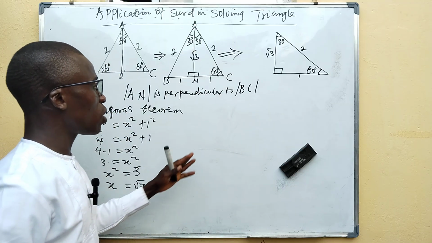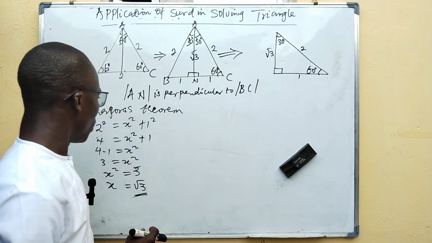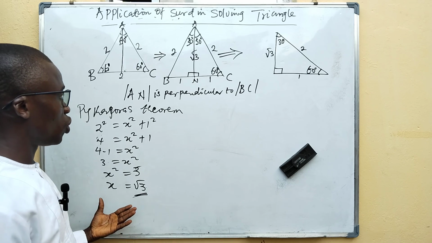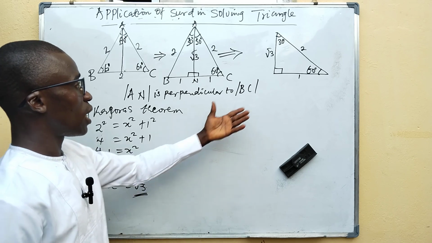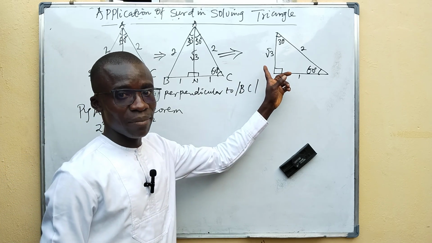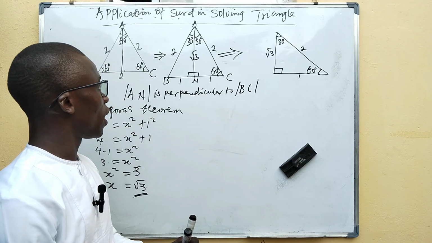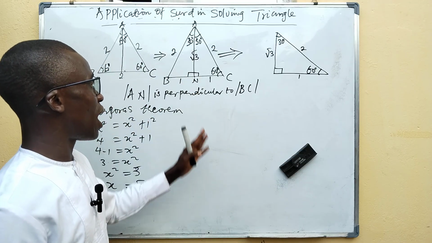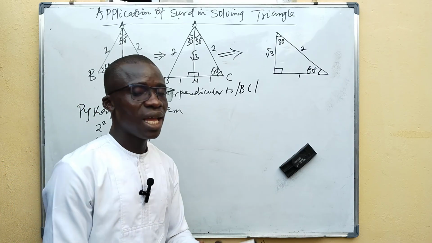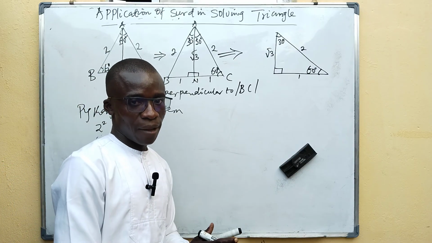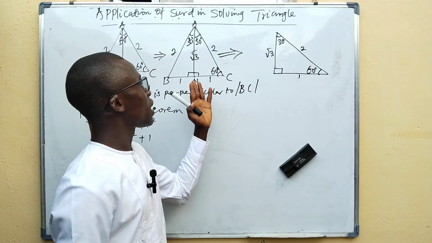So how do we use this to solve a triangle? We've established from Pythagoras theorem the other side that was remaining. Then they may ask you a question. From here, we are going to have what is called sine theta, cos theta, and tan theta. How do we get all those things?